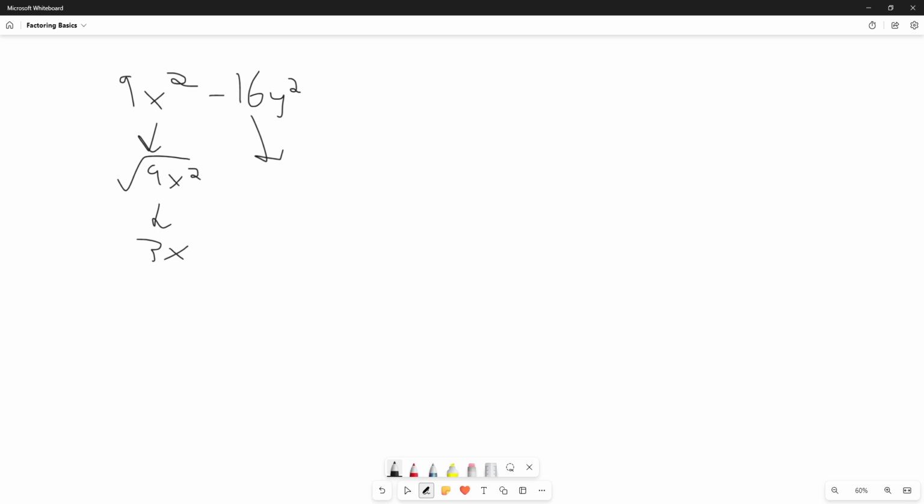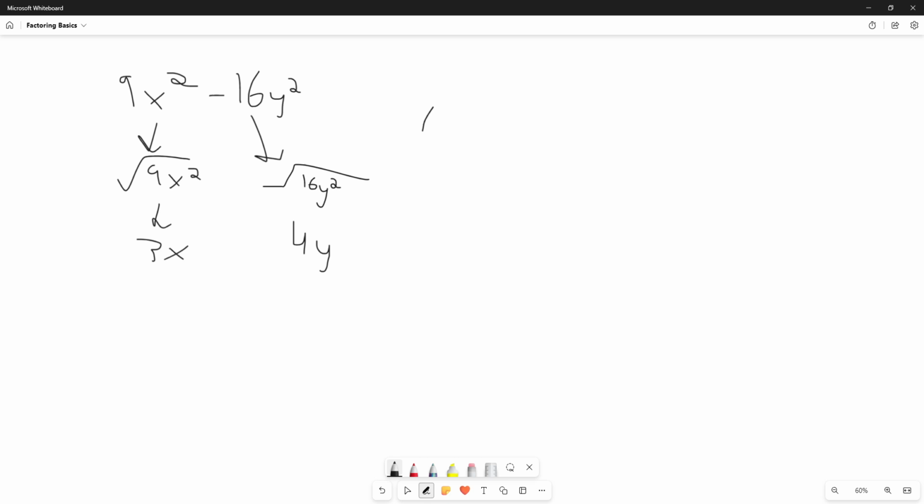Because 3x times 3x, we have the 9, and then we have the x squared. And 16y squared, we could say that we have a 4, right, from the 16, and then the y squared, the square root of it, is just y. So we have 2 1s.